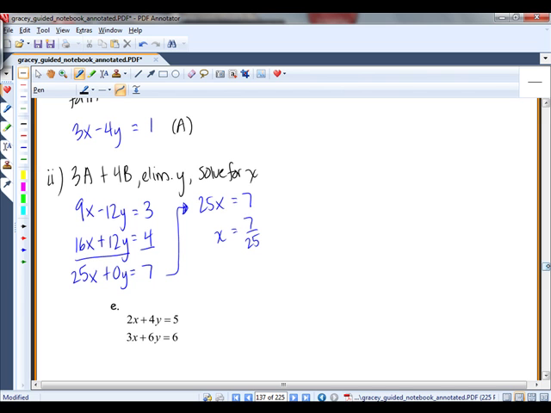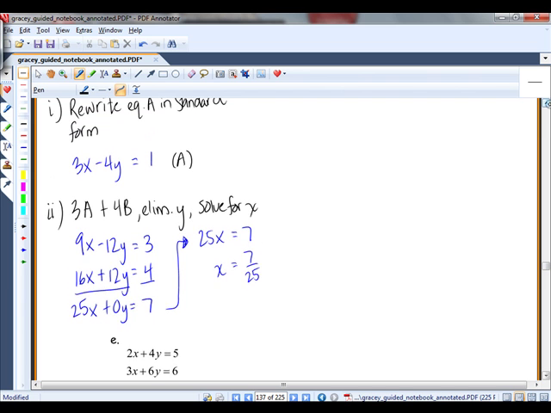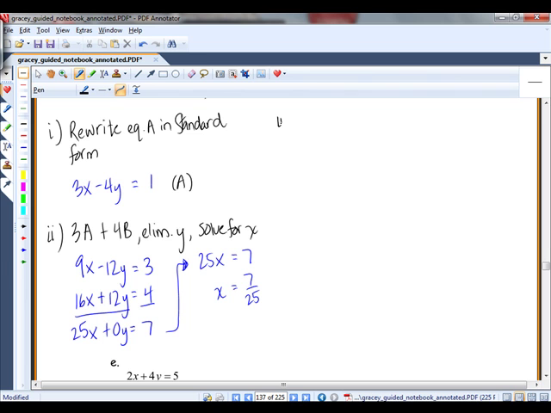Okay. My next step will be to substitute x equals 7/25 into an equation. Which one should we use? How about equation A?